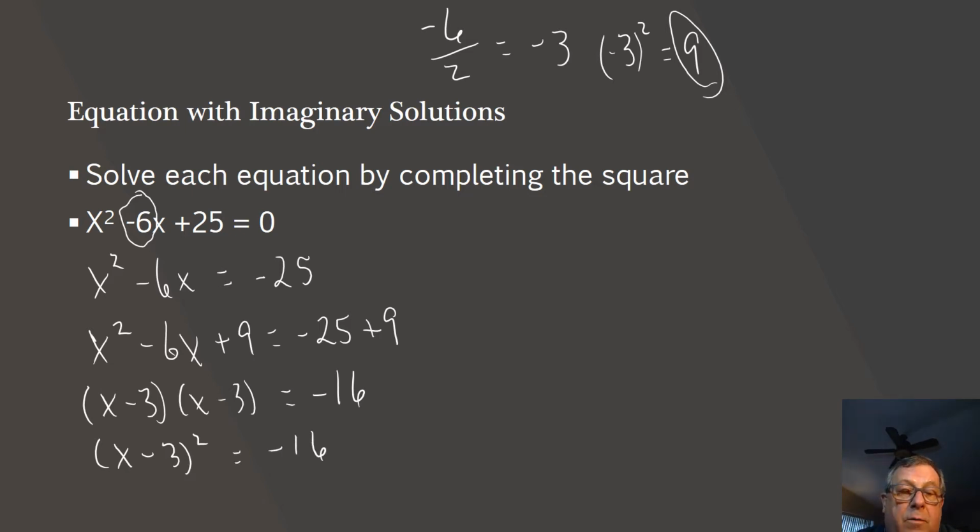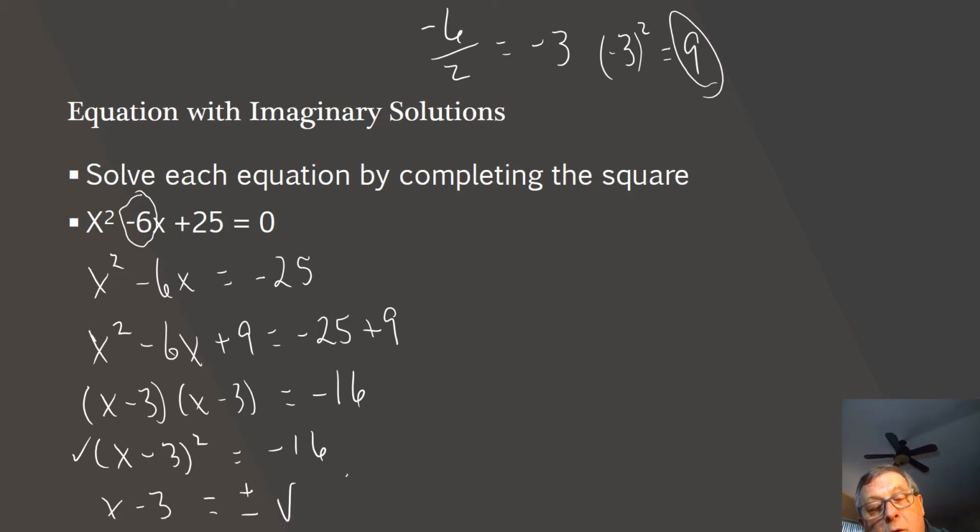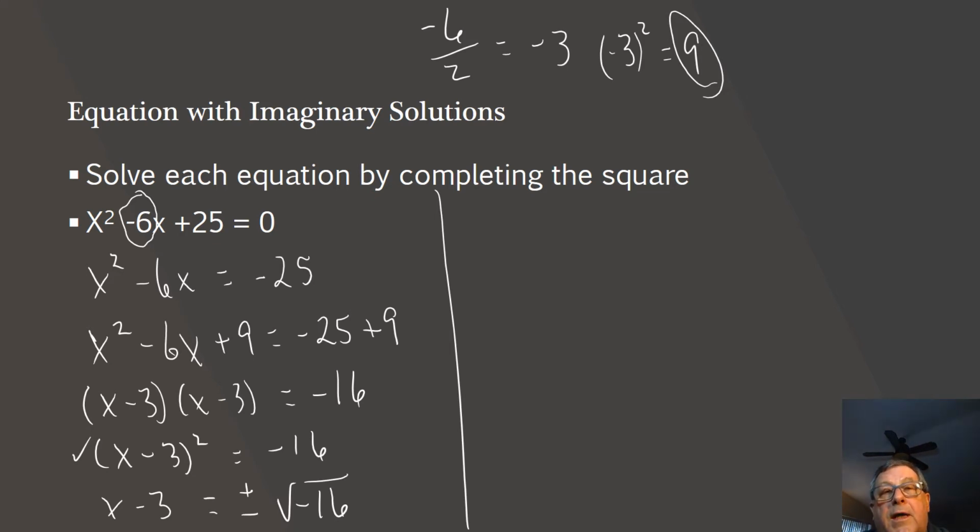And let's take the square root of both sides. And when we take the square root of this side, that's just going to end up as x minus 3. And over here, we got plus or minus the square root of -16. All right, so what is the square root of -16? We know it's not a real number, because we can't take the square root of a negative number. So it must be an imaginary number, which brings us to i.